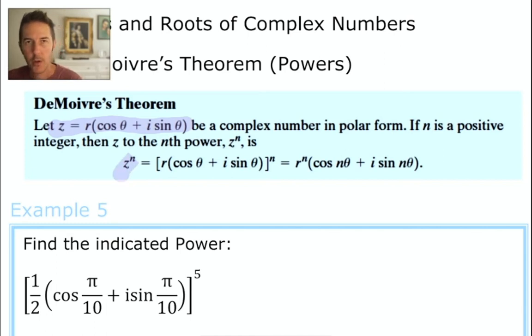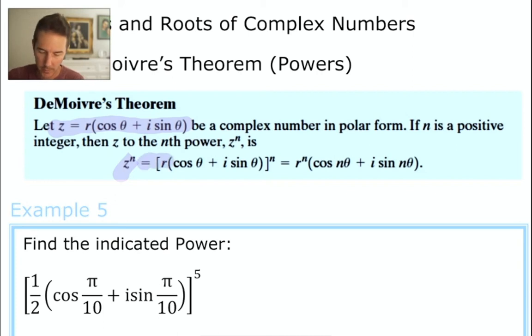In the previous video, when we multiplied complex numbers, we multiplied their radii. But in this case, because we're taking a complex number and raising it to a power, it's the same radius being multiplied by itself n times. So that might be r times r times r times r. How many times are we doing that? N times.